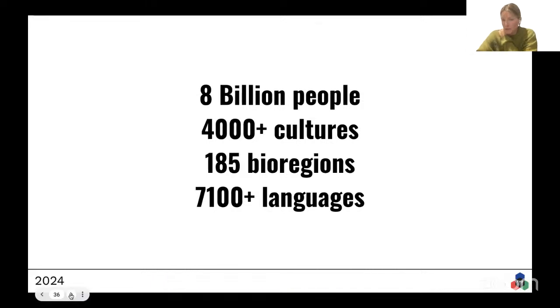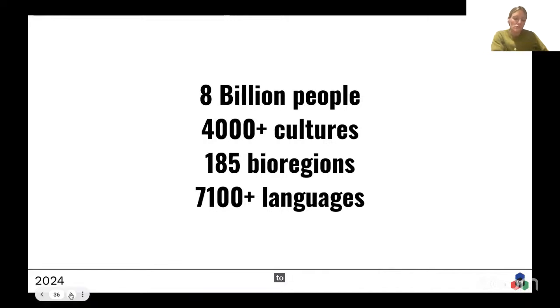There are 8 billion people, more than 4,000 cultures, 185 bioregions, and more than 7,100 languages in the world. Distributed design is a method of us giving space within the design field to this.